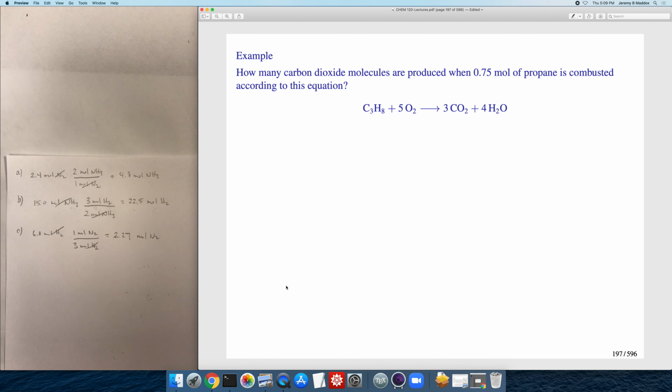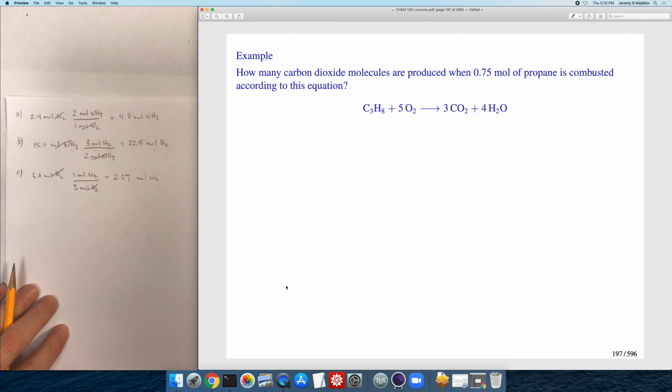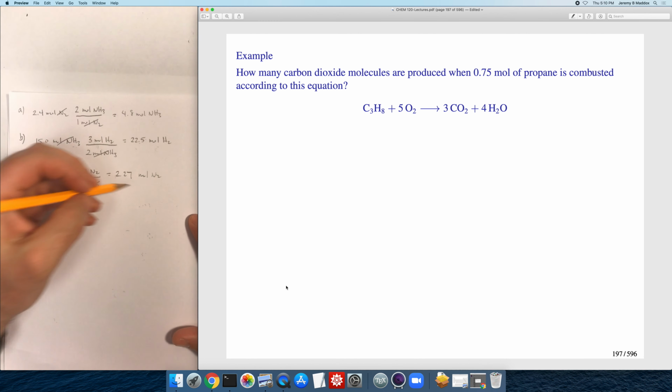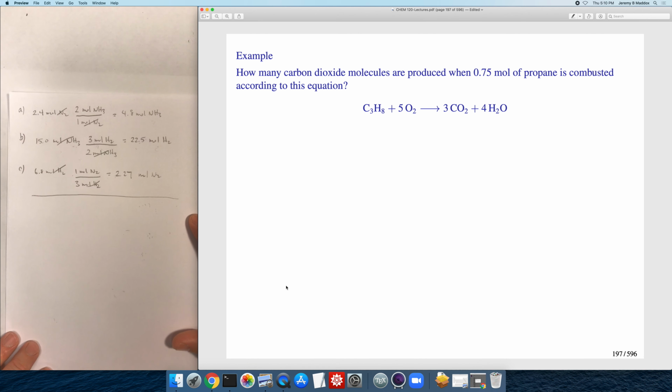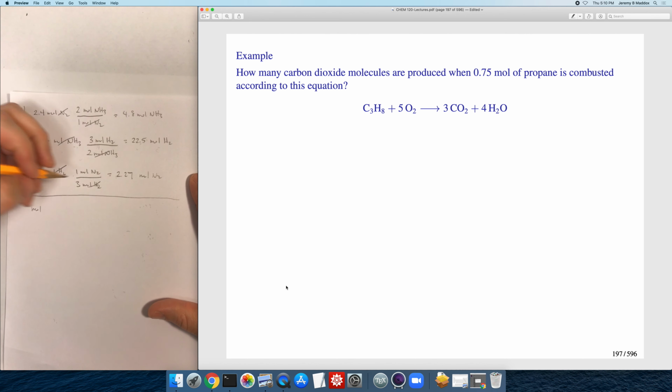This one is a little silly, because you normally don't need to know how many molecules you're being produced. It's going to be a huge number, but let's go ahead and work it because it illustrates combining different types of conversion factors. And so here we are going to be going from moles of propane, that's the C3H8.